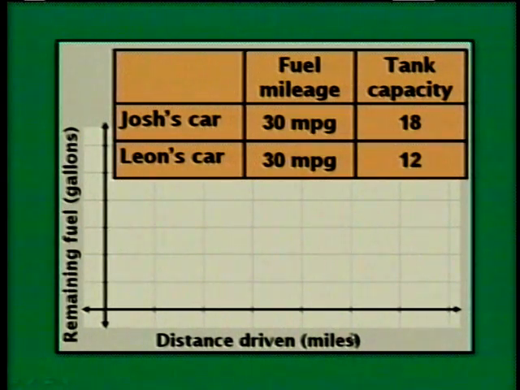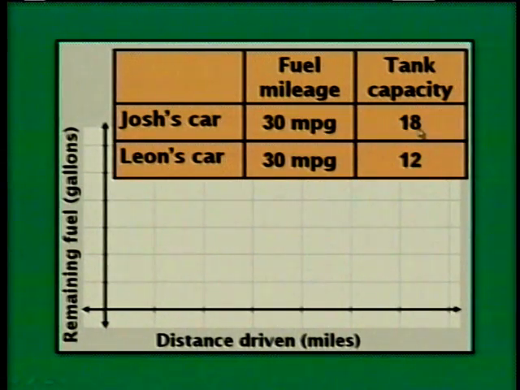So when we're thinking about the vertical intercepts of these graphs, the vertical intercepts are going to be the amount of fuel in their tank before they've driven any miles. Those are going to be points on the vertical axis. So I need to have a vertical intercept of 18 for the graph representing Josh's car.